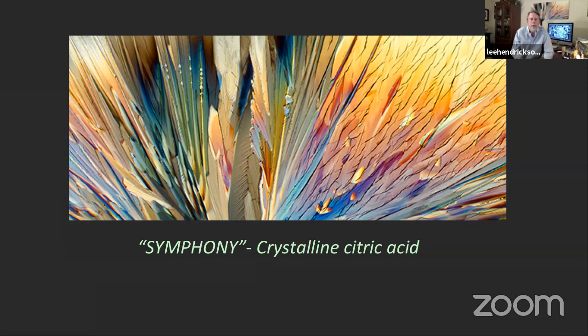So this is a very unusual array of crystals. It actually has every color of the visible spectrum in it. So all those angles of all those crystals, some are refracting so that we see blue, the shorter wavelengths, some are refracting the red, the longer wavelengths.